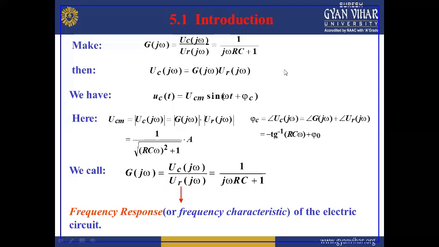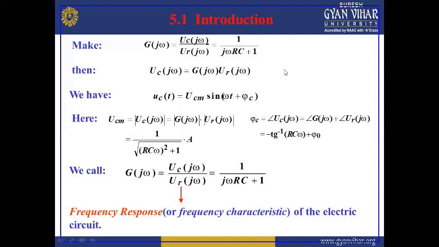Therefore, when we have the knowledge about the two magnitudes of the input and the gain, we will be able to easily calculate the peak voltage or the peak value. The angle for this output, the phase angle phi c, is equal to the sum of the angle of gain and the angle of input.